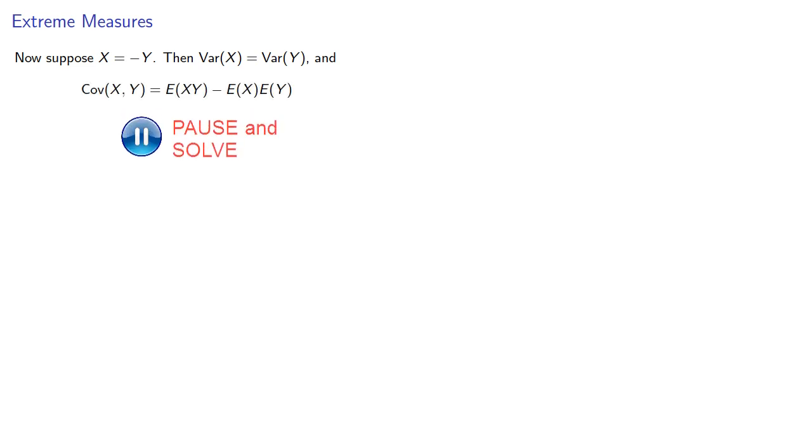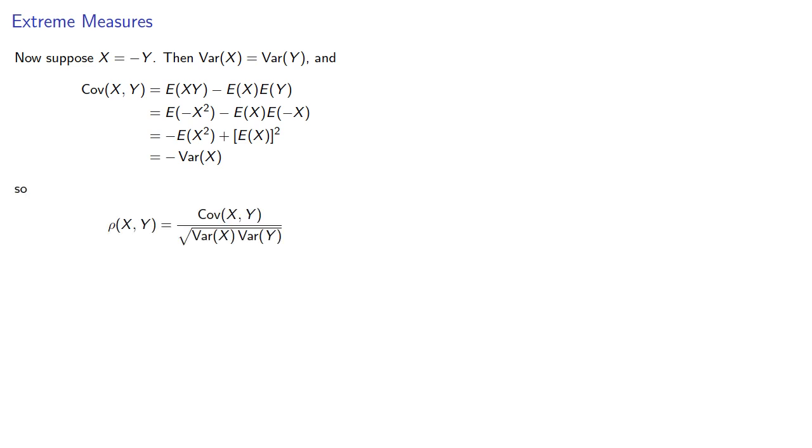At the other extreme, let's suppose x is negative y. Then, again, the variance of x is still the variance of y, but our covariance will be. And so that would be the negative of the variance of x. And so the coefficient of correlation will be.